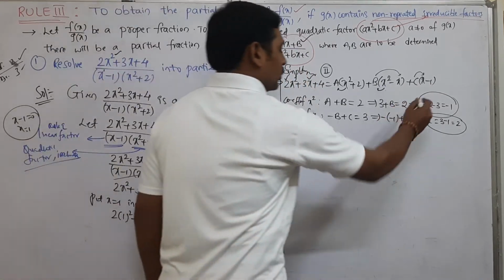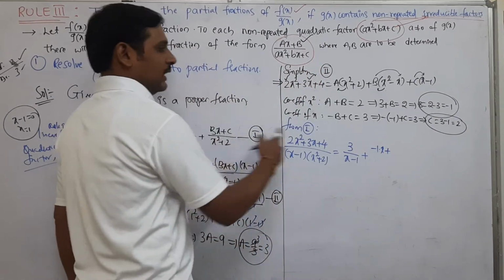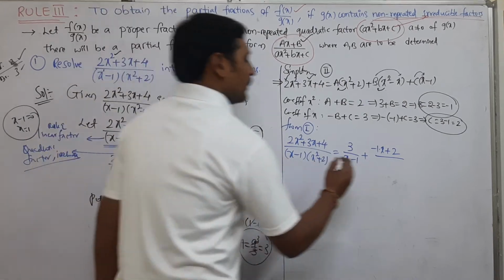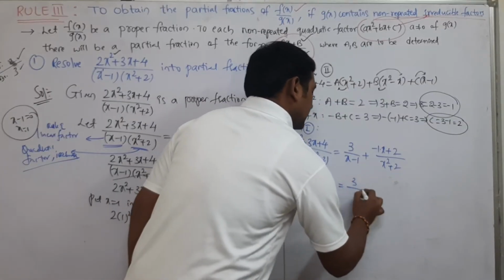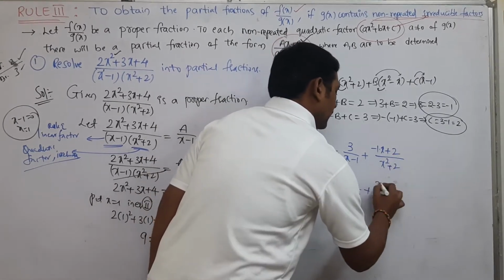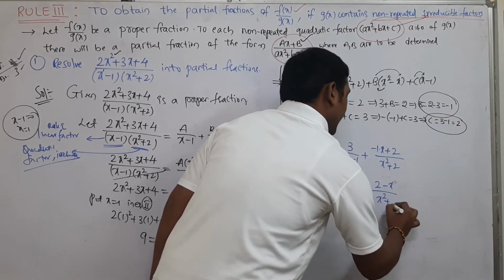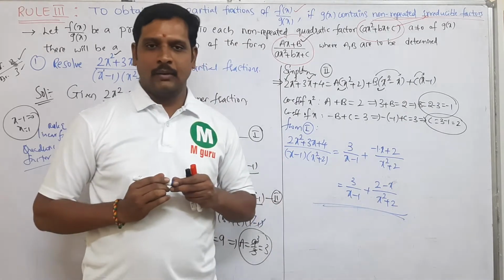What is the b value? Minus 1. So minus 1 into x plus c. What is the c value? 2 by x square plus 2. Otherwise the same can be written as 3 by x minus 1 plus, first write 2 minus 1 into x, minus x by x square plus 2. So this is the solution of this problem, right?